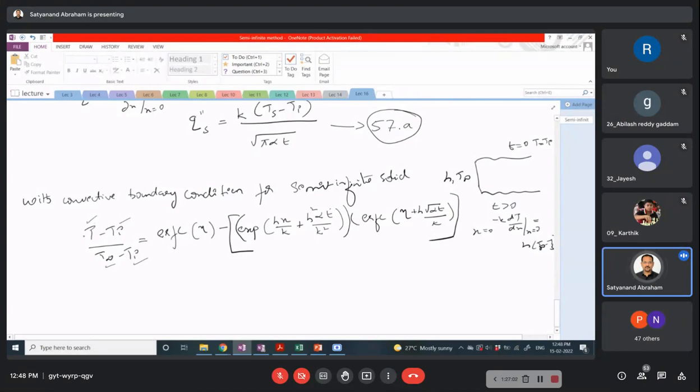Or you can fix x, vary the time, and calculate how T varies. So it is the same methodology, only that the equation is different. Again, with constant heat flux, one other equation is there. I'm not going to give it here; you can refer to the textbook. So that is the method of semi-infinite approximation.